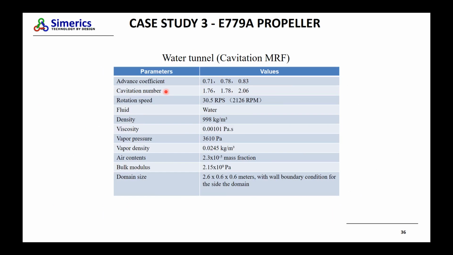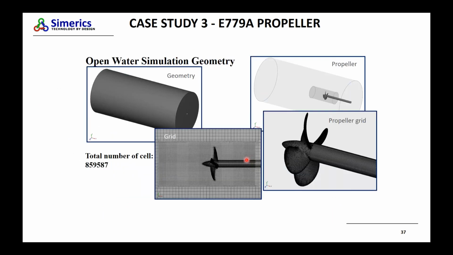Cavitation number essentially characterizes the outlet pressure relative to the saturation pressure, divided by, again, the speed, I believe. Water is used as the medium, with the density and viscosity shown here, the same vapor pressure, as well as the air content that we used in the model. For this model, this was done, I think, a few years back.